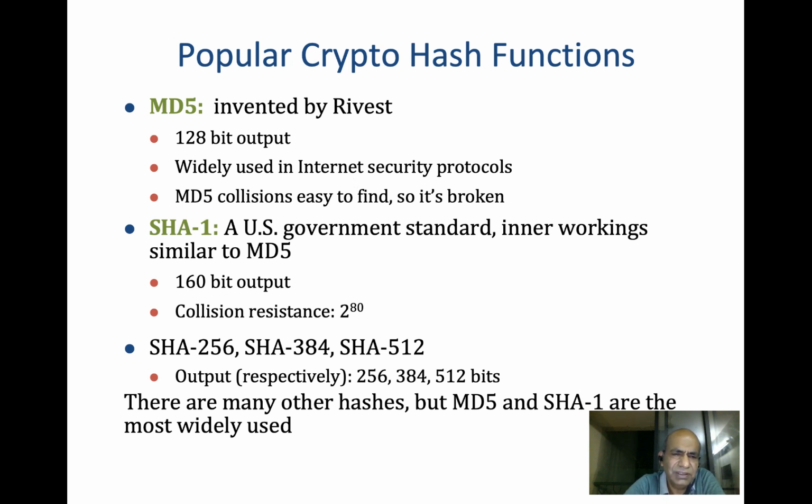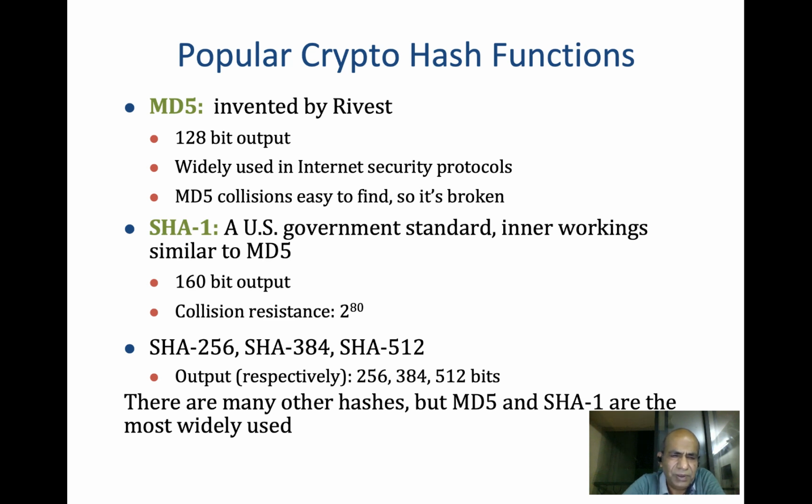The second one, which is quite popular and has been standardized by the US government, is SHA-1. It has a 160-bit output. The collision resistance is of course 2 raised to the power 80. People have found out that collisions are not extremely difficult to find.